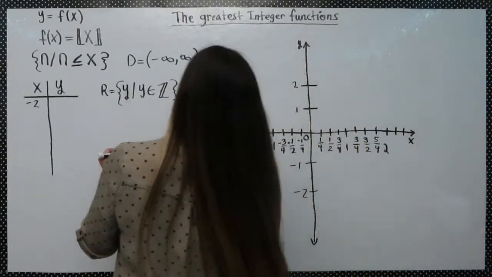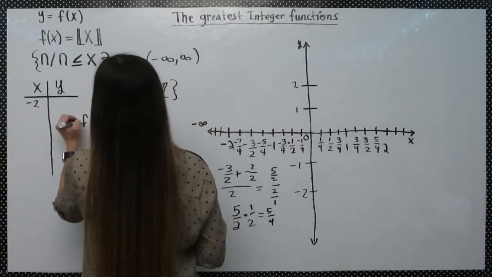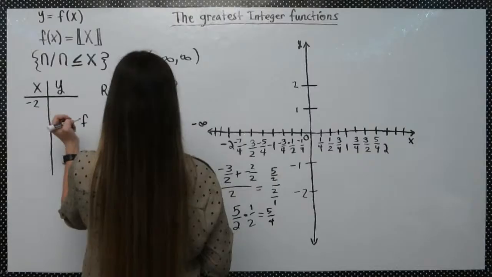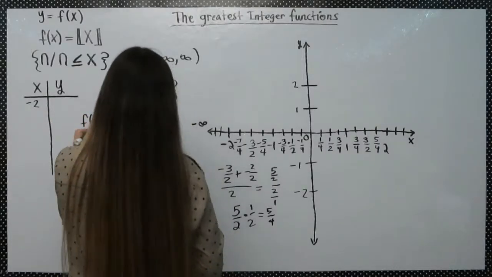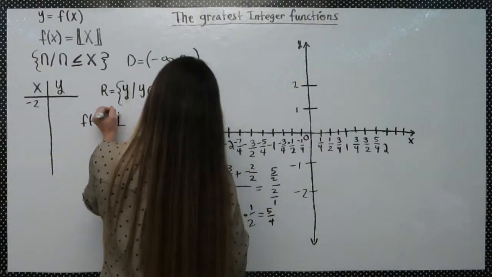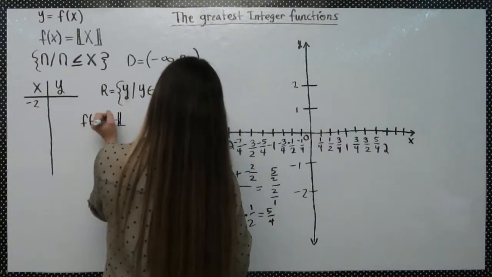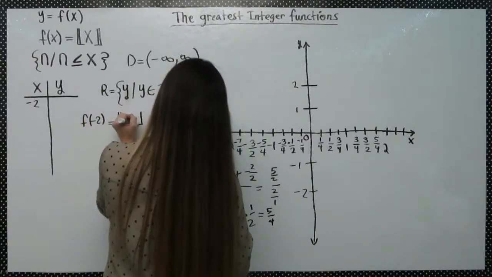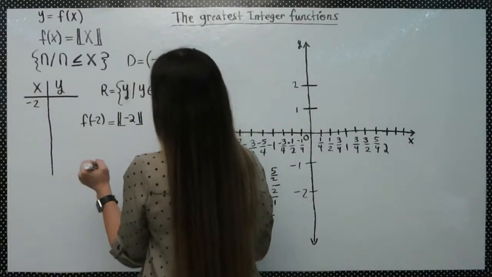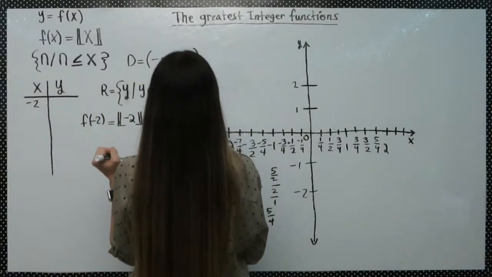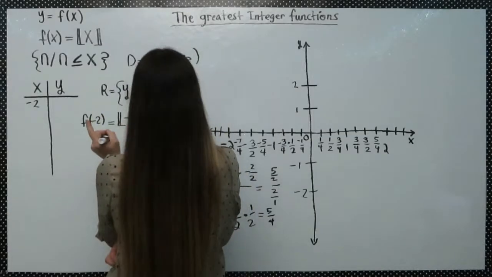All right. So here we go. So we're going to first do f of -2. And this one's not going to be as interesting because we're looking at -2. And we're saying the nearest, so I'm looking for the greatest integer.